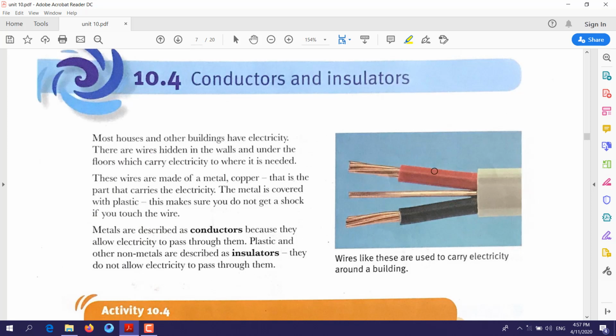If you look at this picture, it shows a wire. This wire consists of two parts: metal and plastic. Why do we use this metal and why do we use this plastic? We use this metal to conduct electricity, for example, from a socket to a lamp or to a bulb.